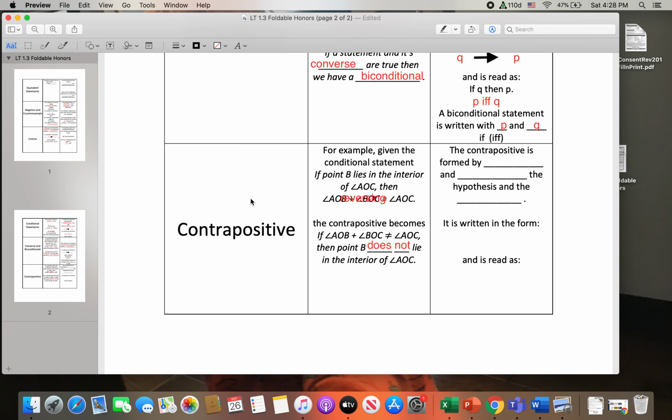The contrapositive is formed then by first becoming last, last becoming first, reversing the hypothesis and conclusion. They reversed it, but they also add these nots, didn't they?